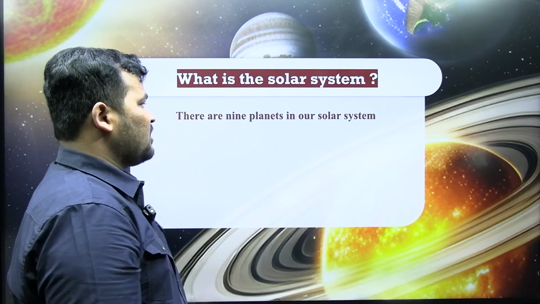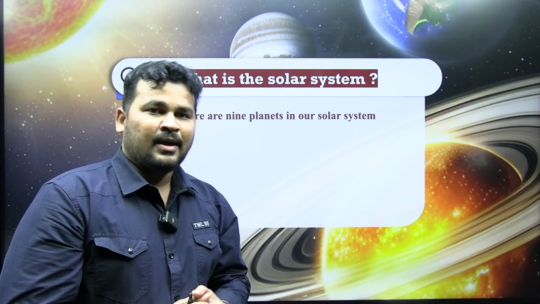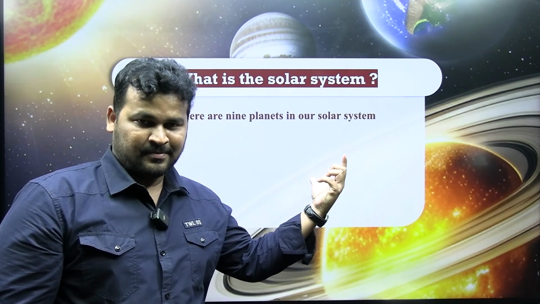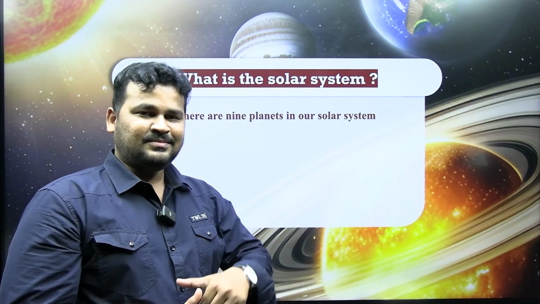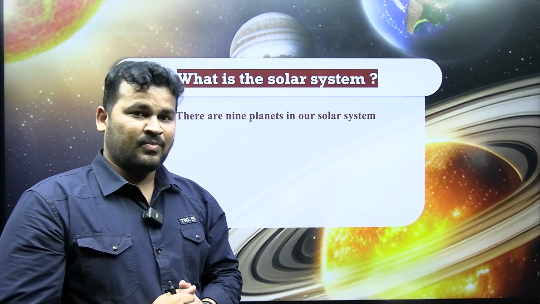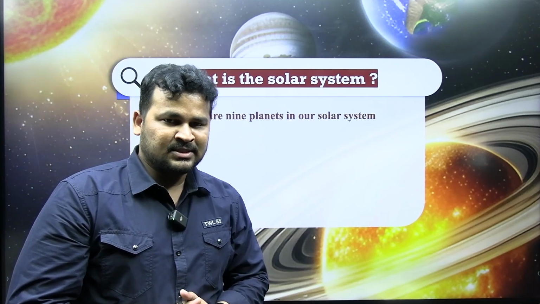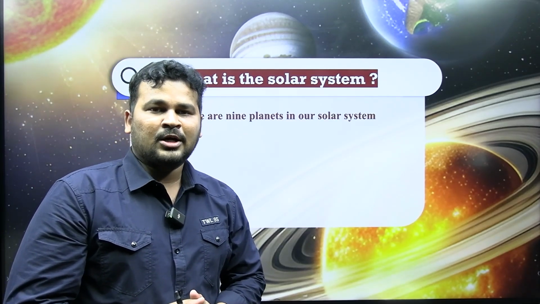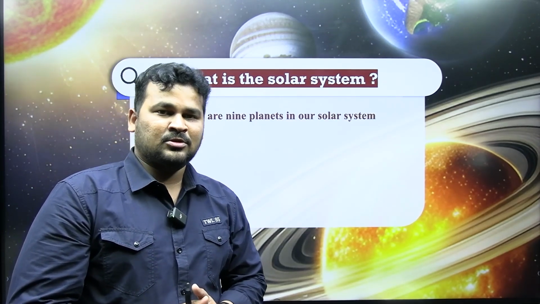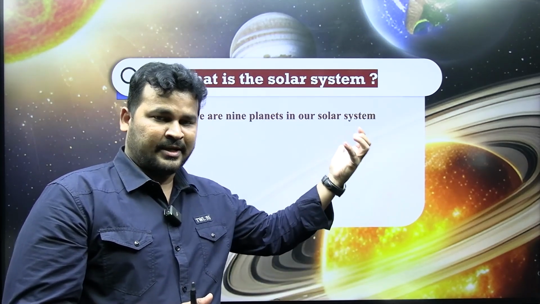Coming to here, how many planets are there in our solar system? Here the answer is 9. Is it correct? Yes, but as of now we have only 8 planets. Previously, before 2006, before the International Astronomical Union summit was held, planets were 9.